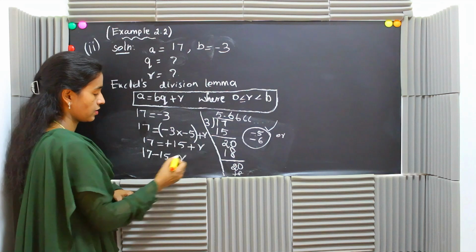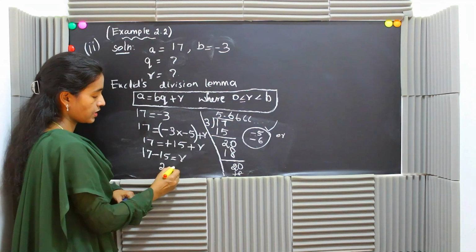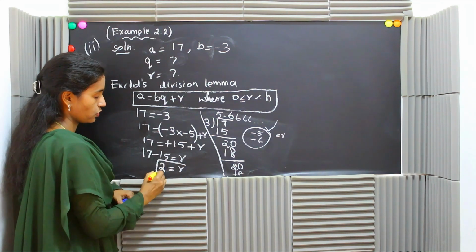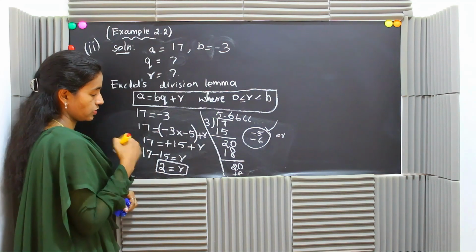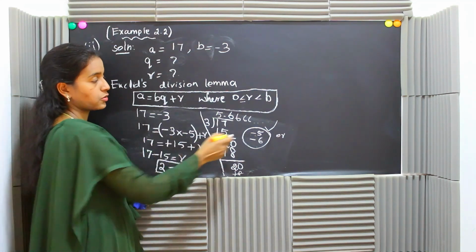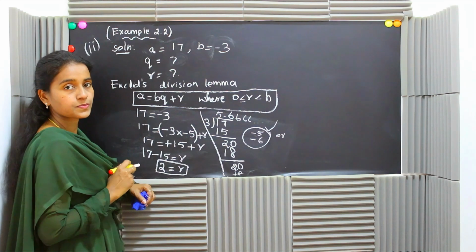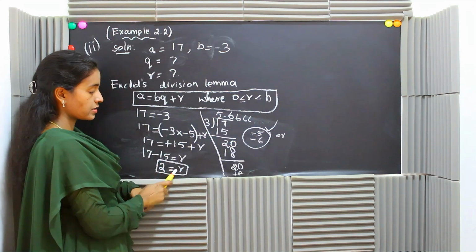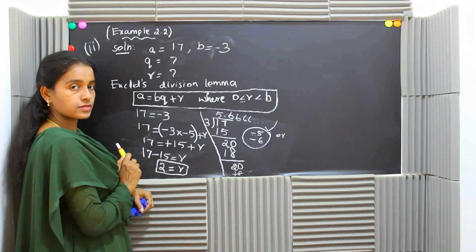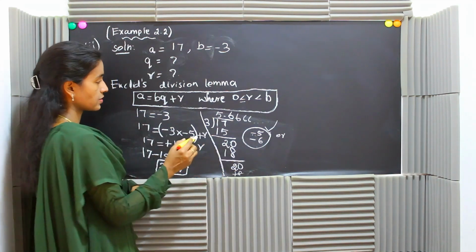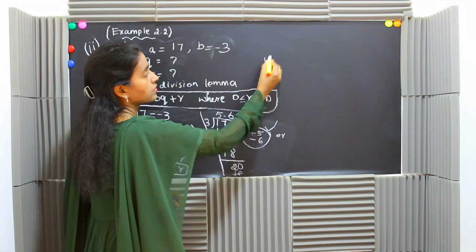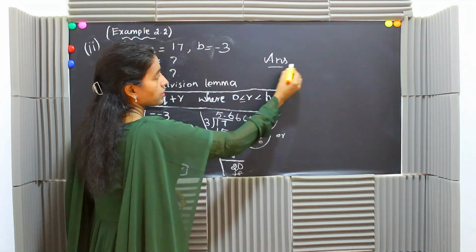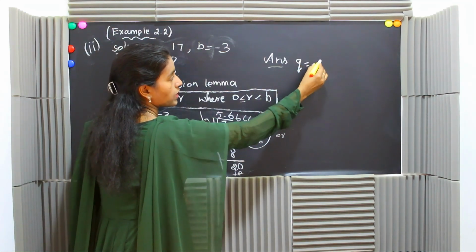So the answer is R equals 2. The value of R is 2. This is a positive number. Okay, then the quotient is correct. So here the quotient is minus 5 and the remainder is 2. Answer is Q is minus 5.